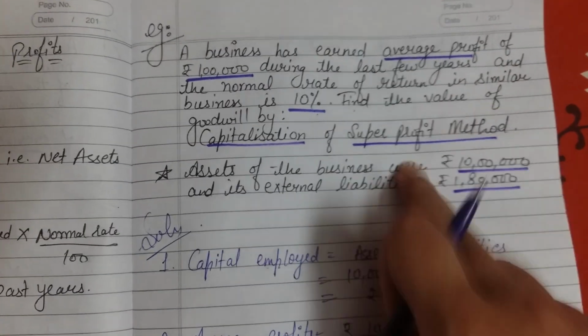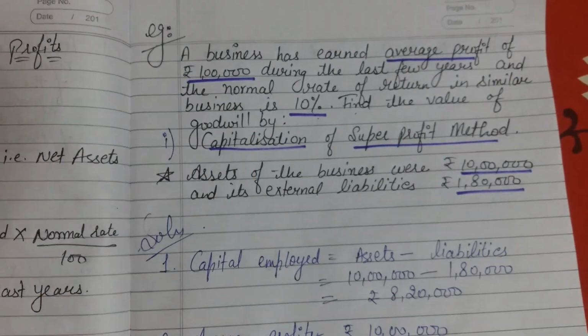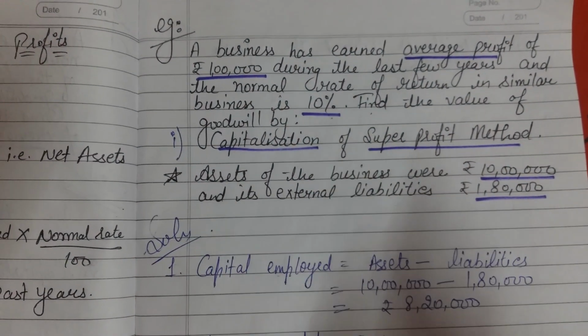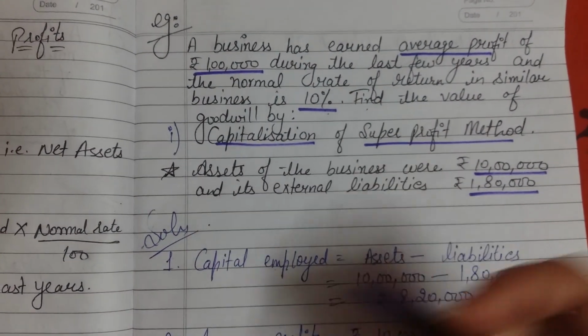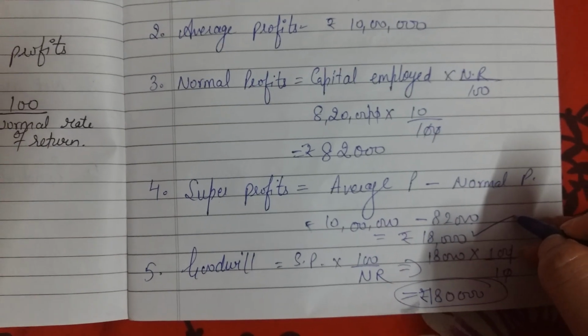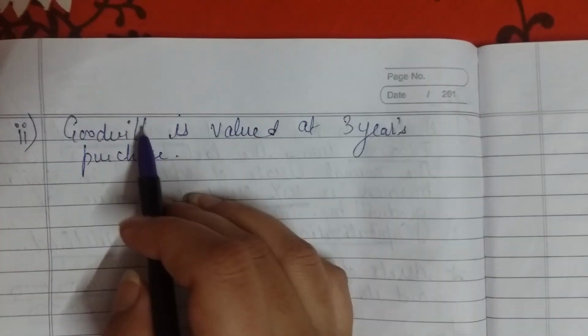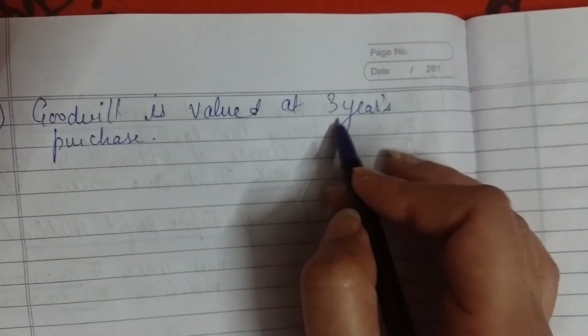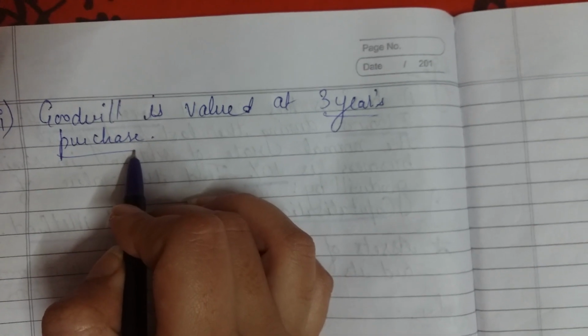Now the question is similar. Here is the question, and it is the first point, and the one which I wrote this time is the second point. Clear? Now in this point you have the value of the super profits here, that is 18,000. Now to calculate the goodwill according to the simple super profit method, you need the years of purchase, and now you have this.